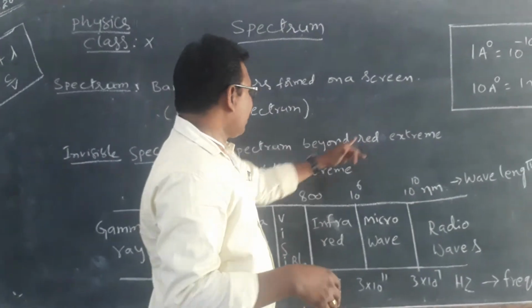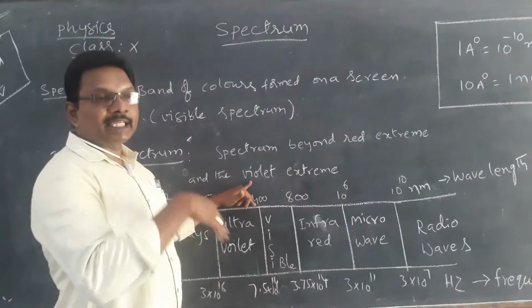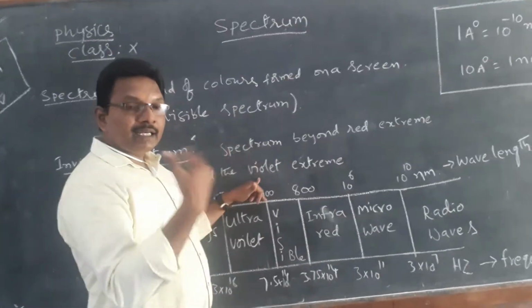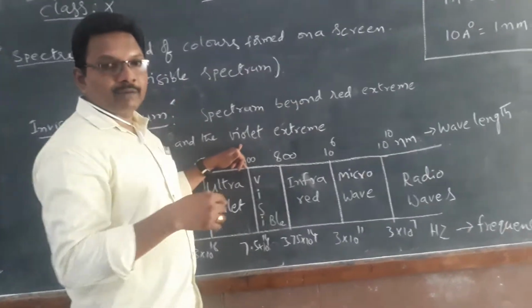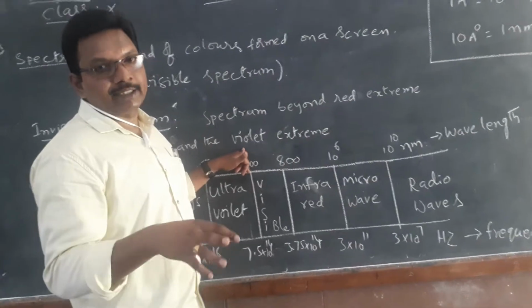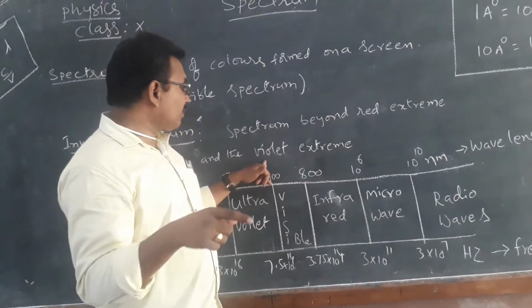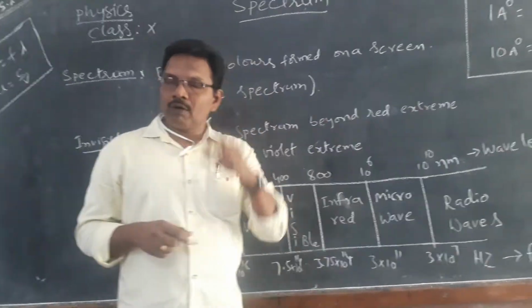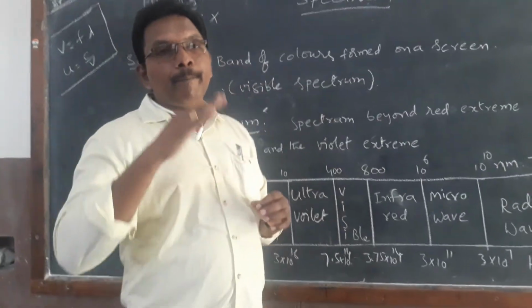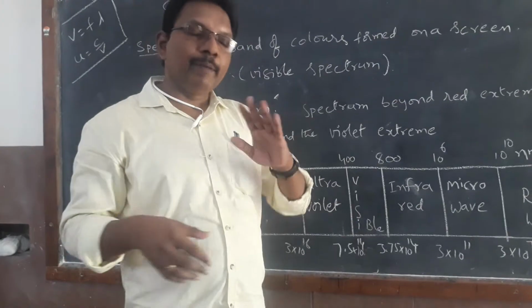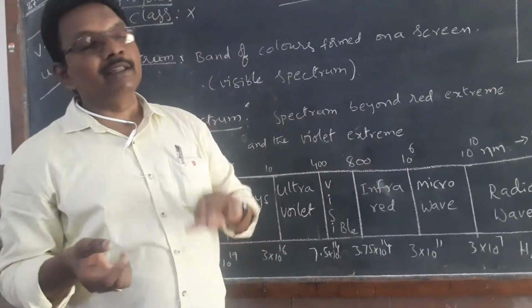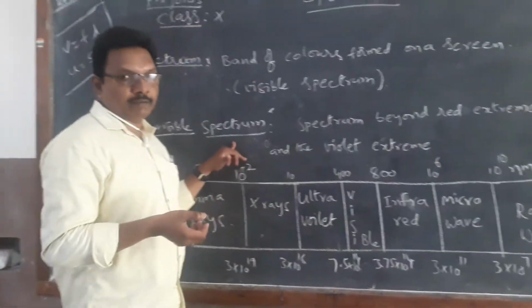And also before violet, the violet end, there is a spectrum we cannot see with our eyes. We can see only between violet and red. That spectrum is called visible spectrum. Beyond red color and beyond violet color, there is a spectrum, but we cannot see it. That is called invisible spectrum.